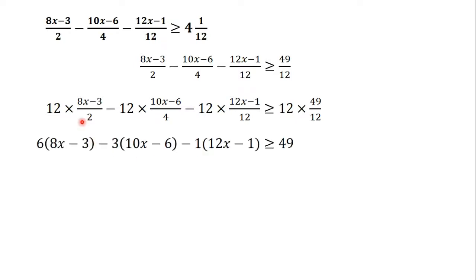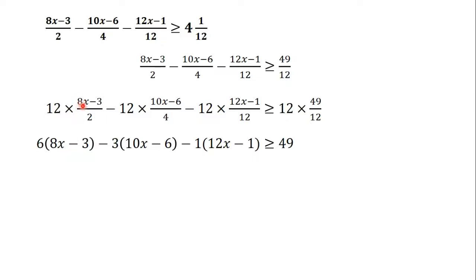Since 2 is cancelling 12 6 times, we are going to have 6 times what is here. I'm putting that in a bracket because in the videos on multiplication of algebraic expressions, we learned that whenever you have a single term multiplying a binomial, that is 2 terms, put the binomial in a bracket.